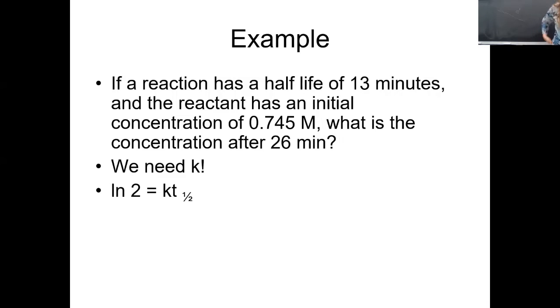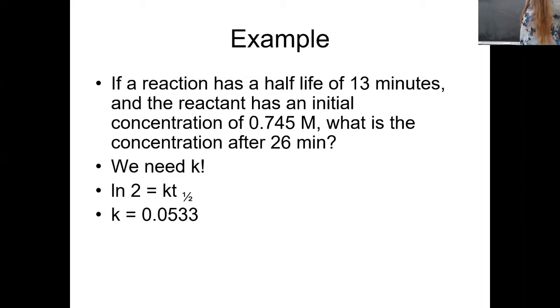Okay, so I start with this same equation, but now I'm going to divide by T half. And remember, I'm not going to do anything with the half. The half is just a label. All I'm going to do is divide by 13. And plug that in and see if you get 0.0533.